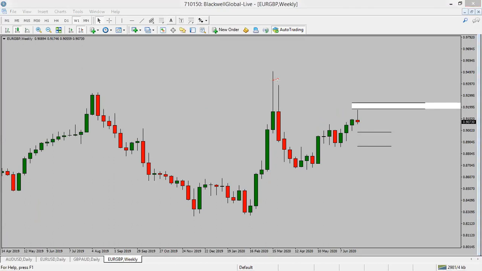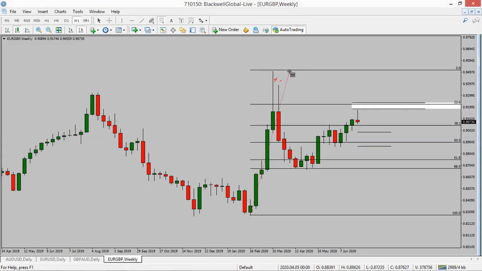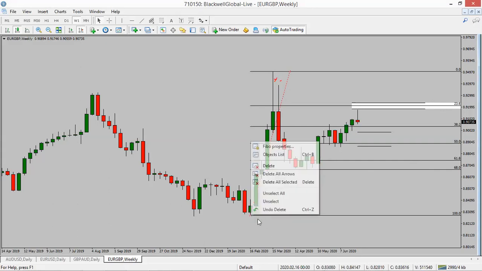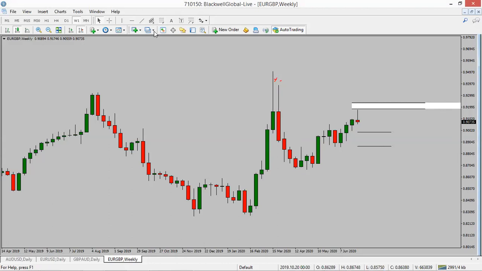A lot of sellers came in around this level, pushing the price down to this area. When I pull out my Fibonacci retracement, you see exactly on the 61.8 level, they beat it down.